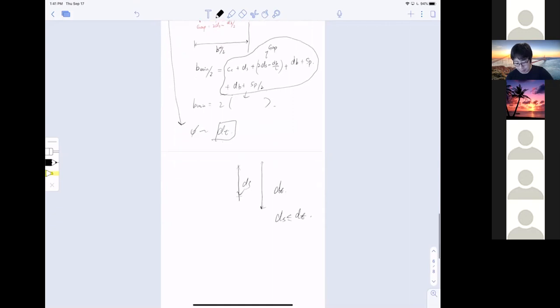So if you use ds, your strain epsilon s at the level of ds is always smaller than epsilon t. If your epsilon s is 0.005, then epsilon t has to be bigger than 0.005.